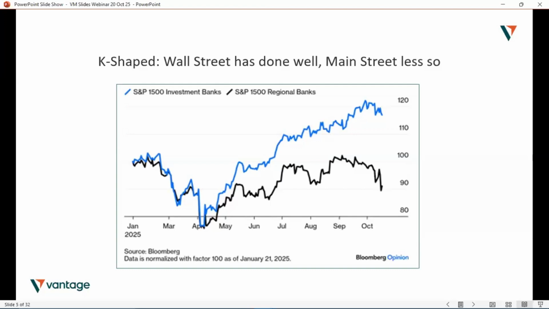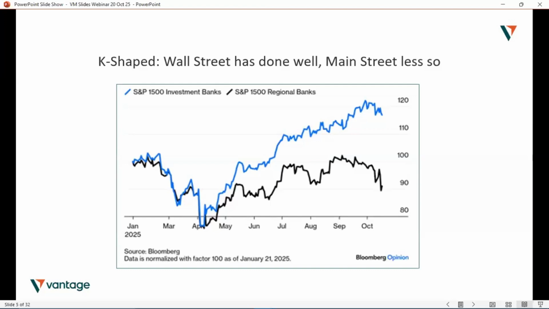And this chart highlights this K-shaped recovery in which some banks do well, the big banks, and others, the much smaller regional banks, don't do so well.